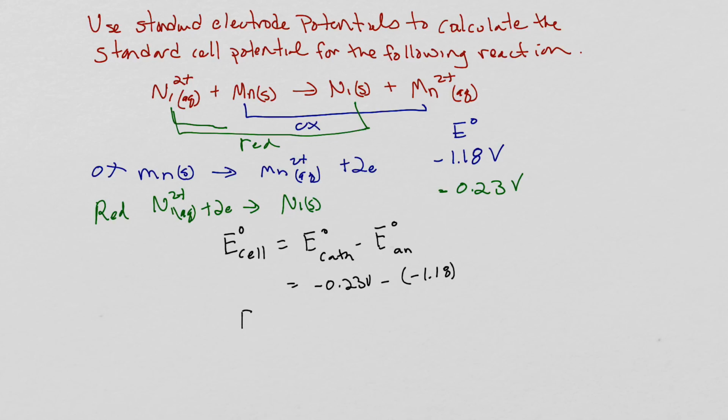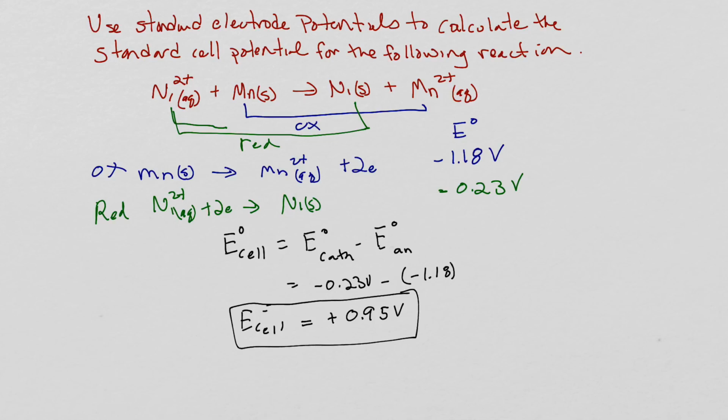So we got an E cell of negative 0.23 minus a negative 1.18, or plus a positive 1.18, which equals a positive 0.95 volts as our cell potential here.